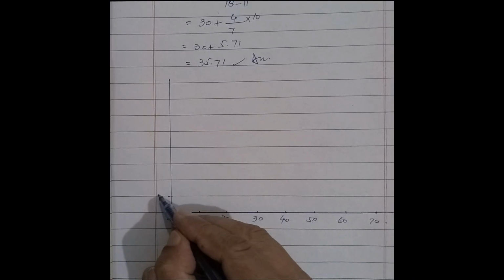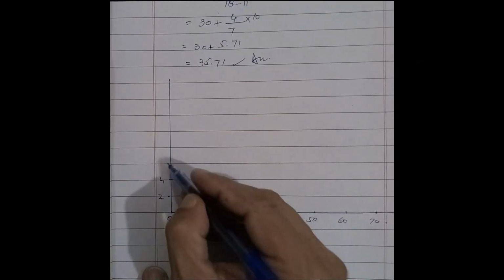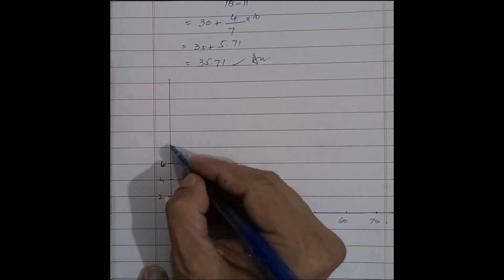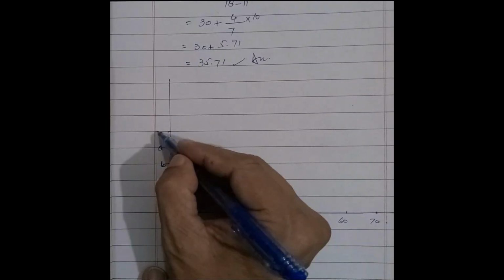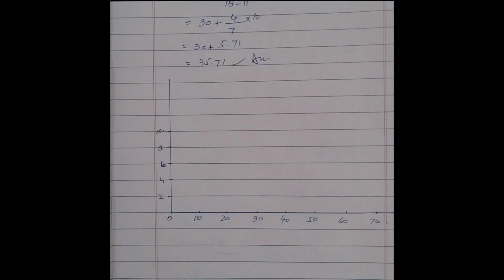2, 4, 6, 8 and 10, and we make a histogram.